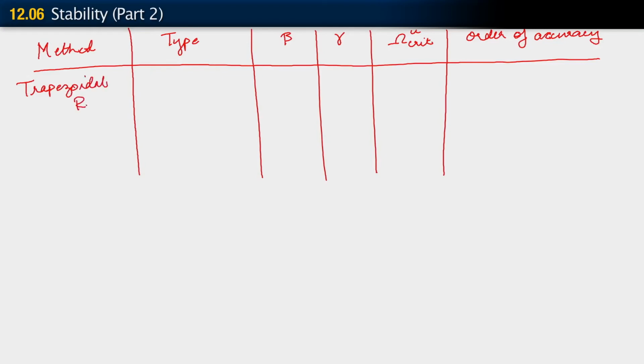Trapezoidal rule, then linear acceleration, the average acceleration, these are all names of methods, and finally the central difference method.